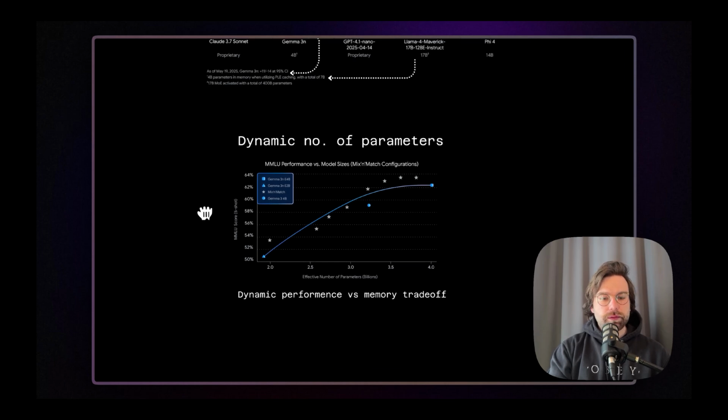So they use a model that is able to achieve a dynamic number of parameters. Depending on the requirements that you have, depending on how much resources you have, you're able to dynamically generate different model sizes. And we are going to talk in a minute about how it works.